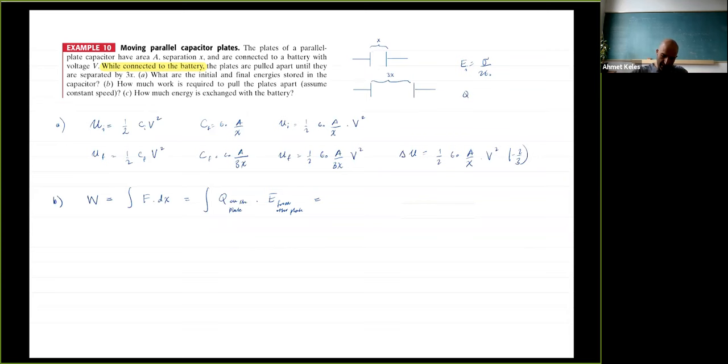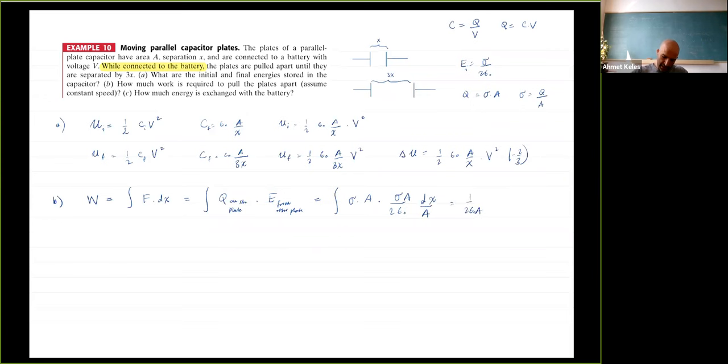So remember, C was defined as Q over V, then Q should be equal to C times V. I can write A here and divide it by A, and this is going to be equal to 1 over 2 epsilon naught area, and this is Q squared, but Q is equal to C times V, so this is like C squared V squared.